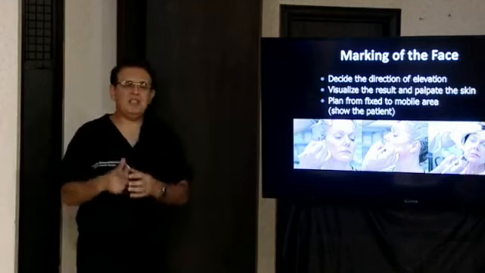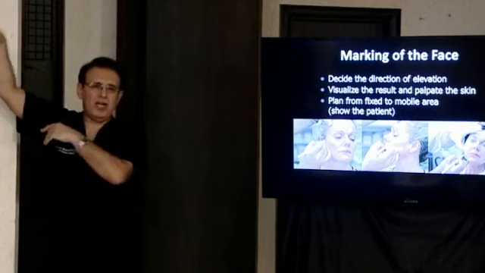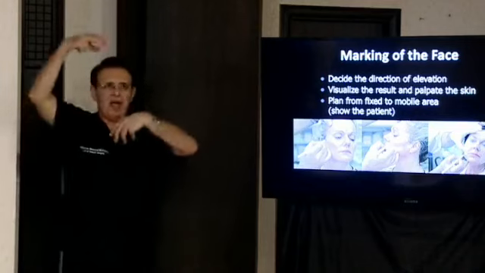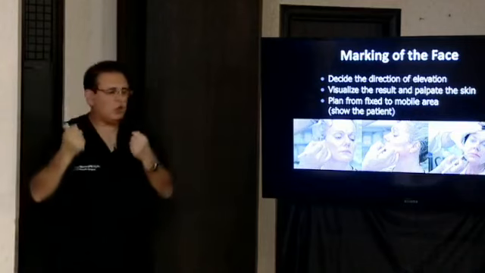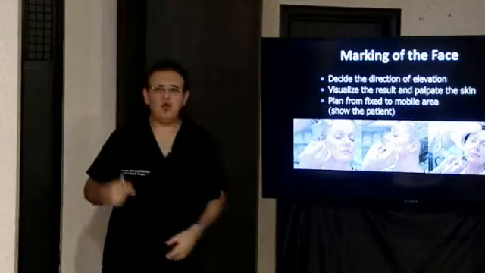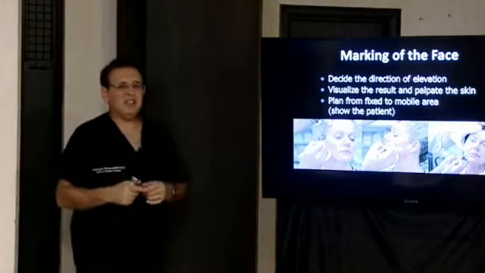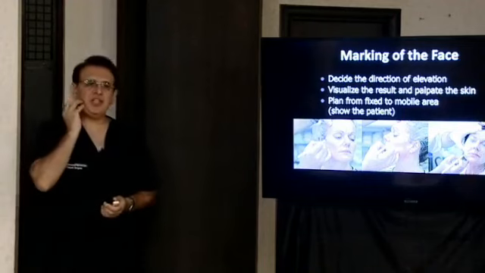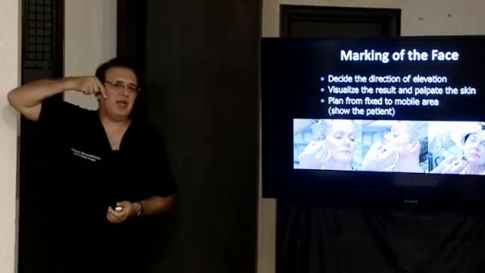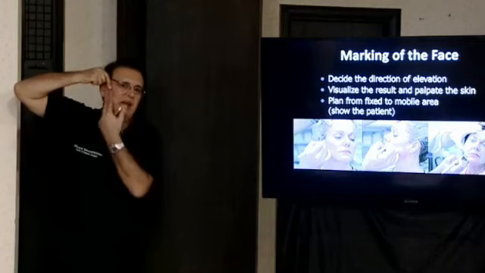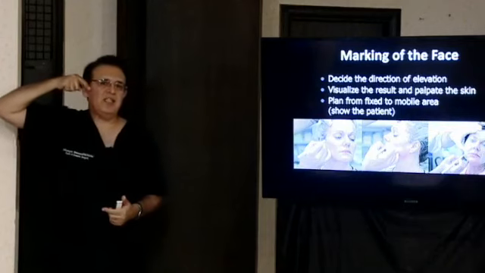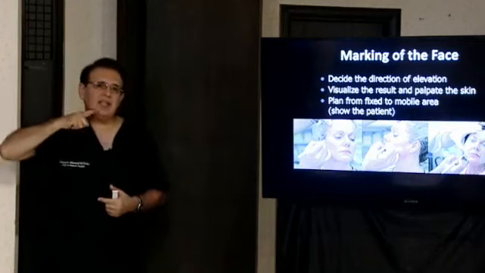Now let's suppose, again, what sort of vectors do you want to pull? You can use anything. You can use straight lines, you can use curved lines. Let's suppose I want to pull this jowl. Either I can do it like this, straight up, or I can put it like this, go like this and come up like that.